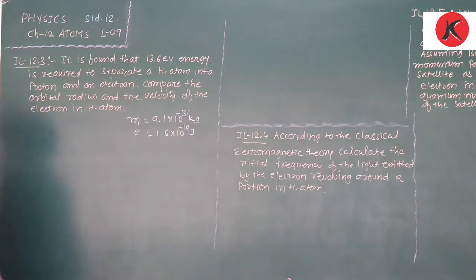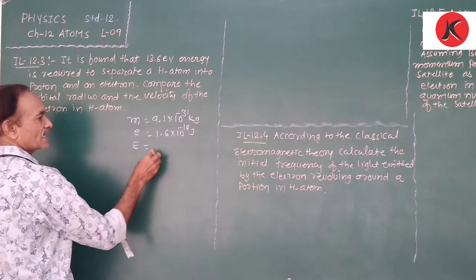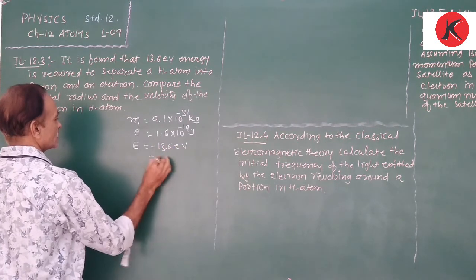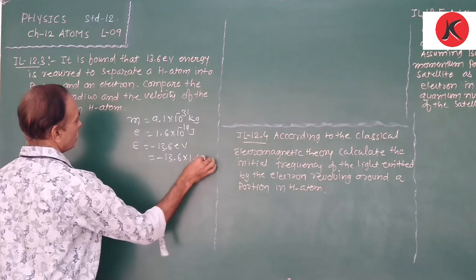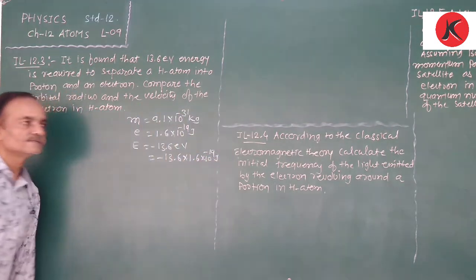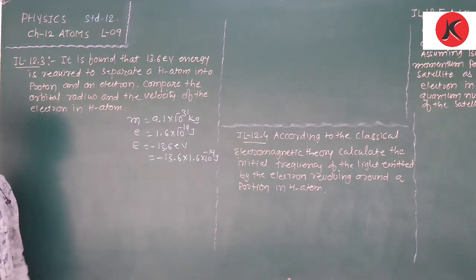After that, the total energy is given as 13.6 electron volt, that is, minus 13.6 electron volt. Therefore, minus 13.6 into 1.6 into 10 raised to minus 19 joule. We have to calculate the orbital radius and also the velocity of an electron.